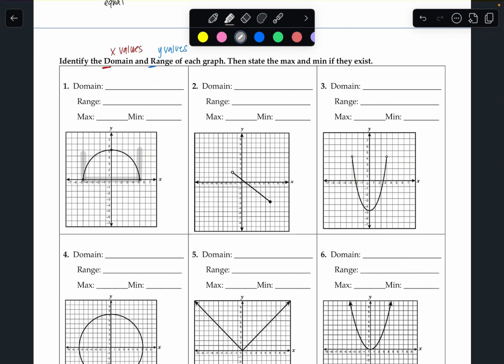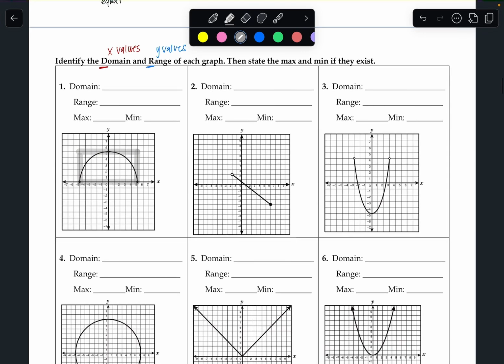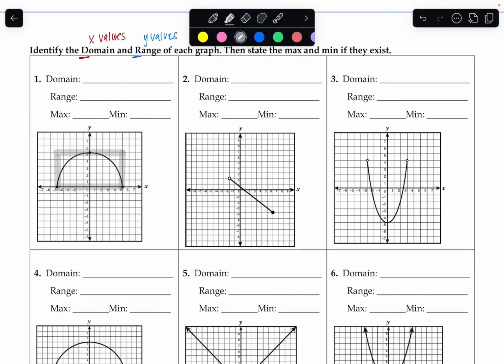And so here's the box around my graph. For domain, I'm looking for the x-axis. So that's x, this is the x-axis. And so I'm looking for where the sides of my box go. One side would start at -5, the other side would be at 5.